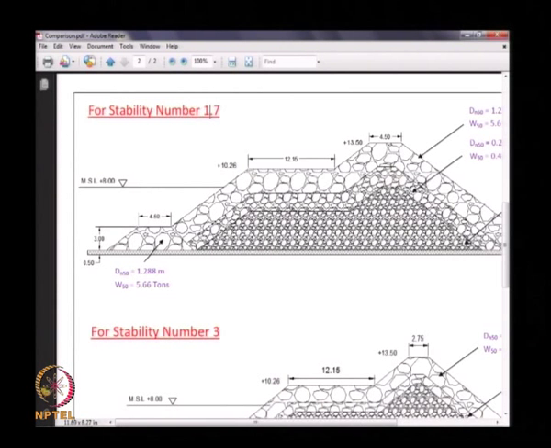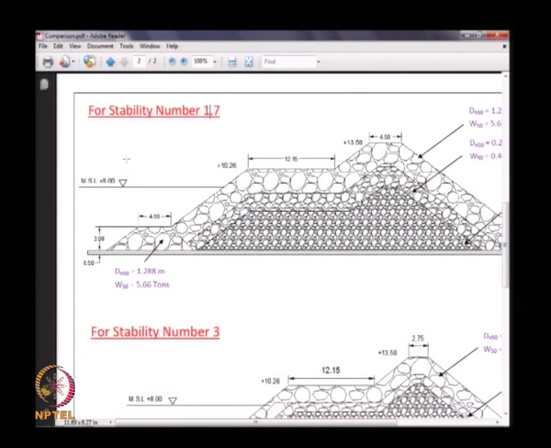This is the armor layer, this is the under armor layer, then we have this core. Below the core we have this 500 mm of bedding layer. We assume this 500 mm will go below the seabed and we will have the 8 meter depth from here.